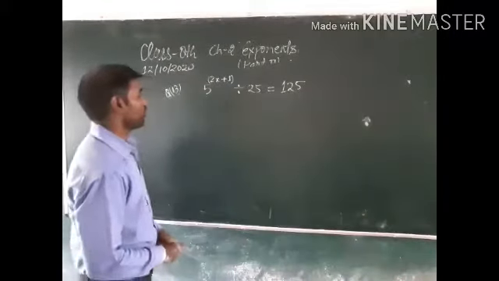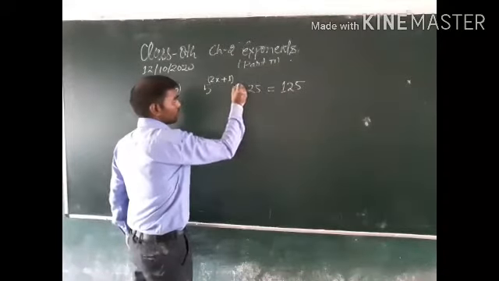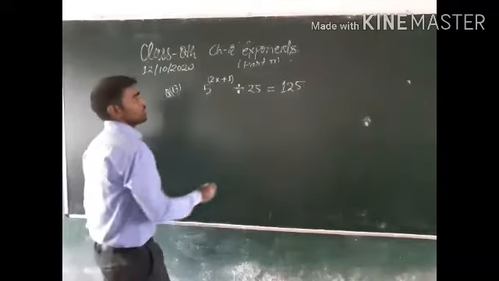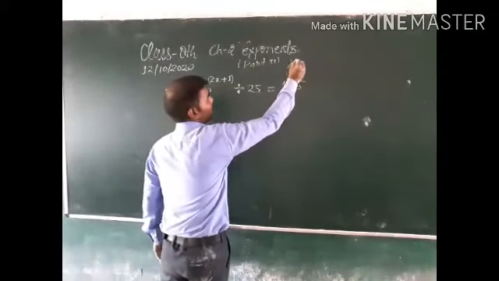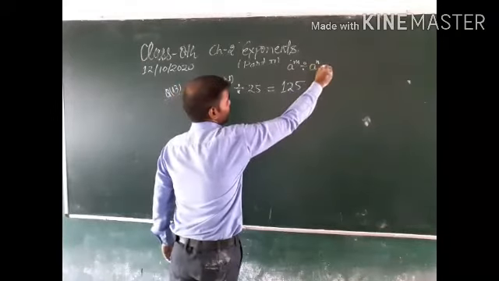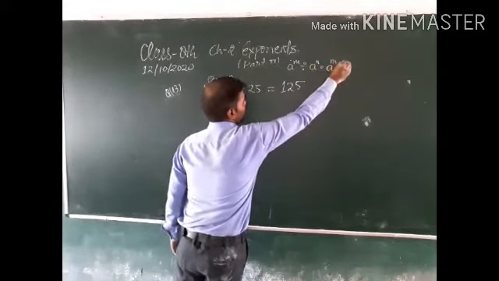So first of all we use this sign, which is divide. It means a to the power m divided by a to the power n is equal to a to the power m minus n.